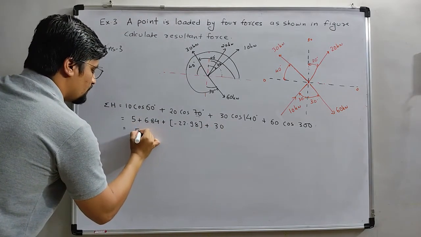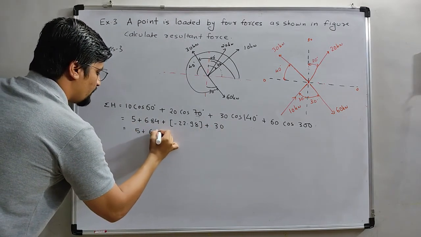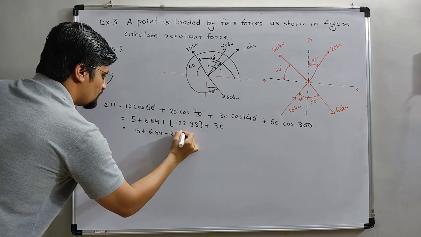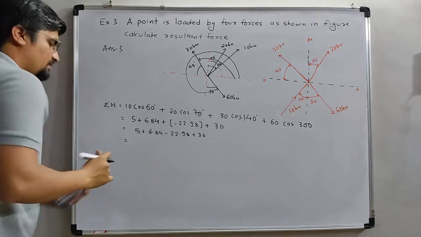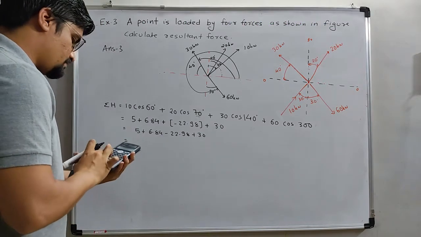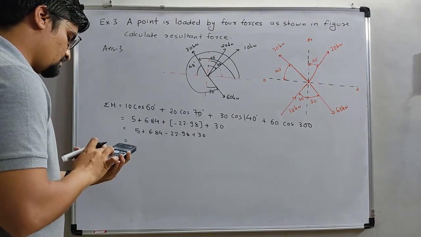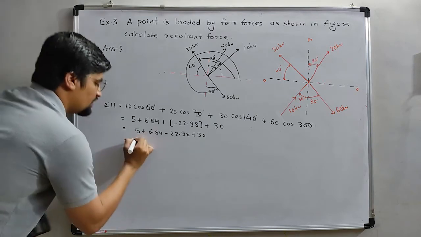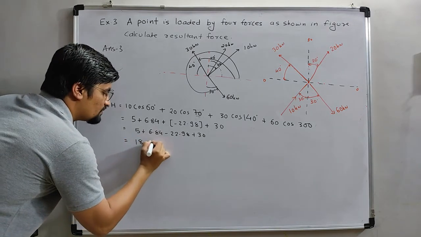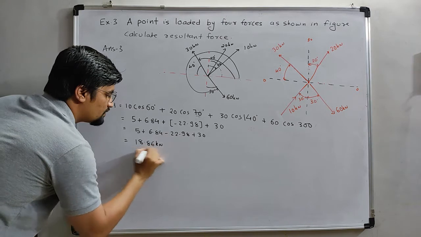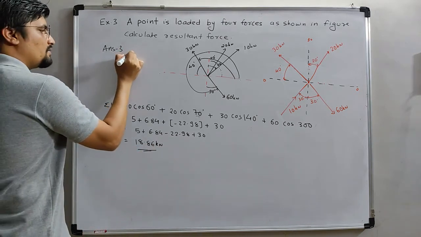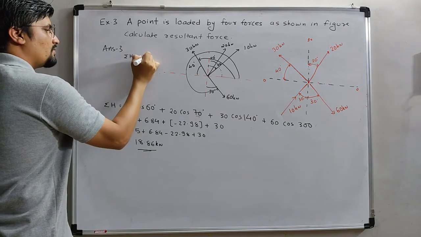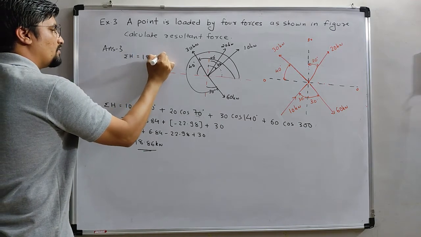So 5 plus 6.84 minus 22.98 plus 30. So we will get the answer 18.86 kilonewton. Summation of all horizontal force we will get like this. Okay, so I am noting here, summation of H is equal to 18.86 kilonewton.